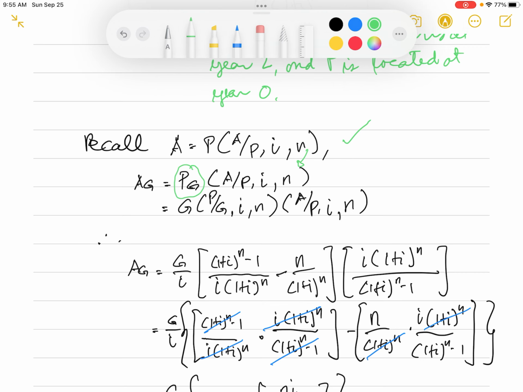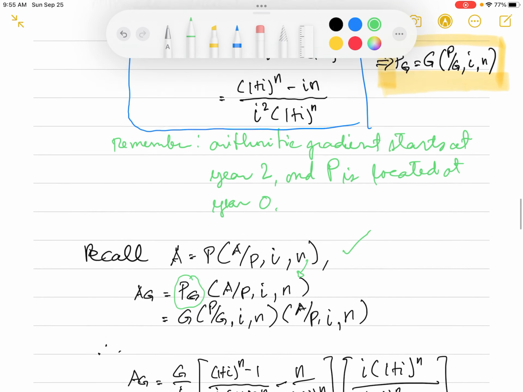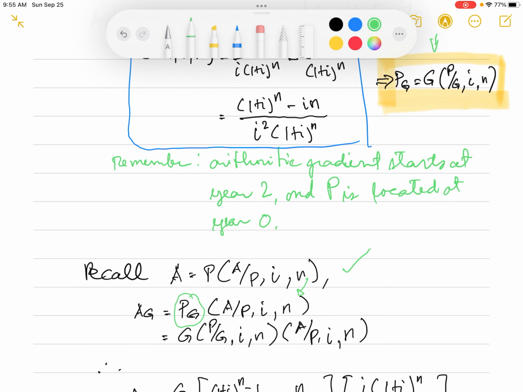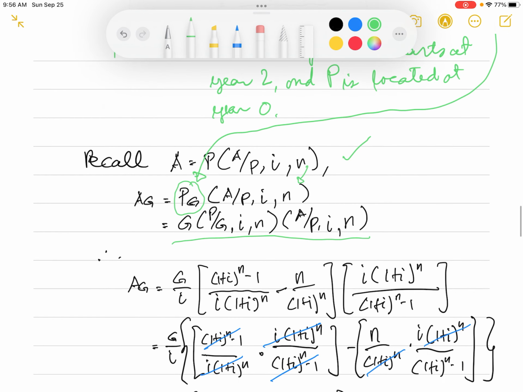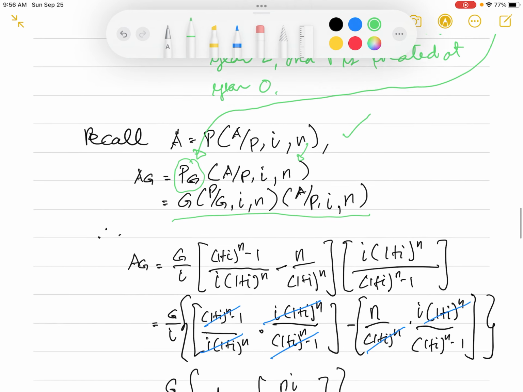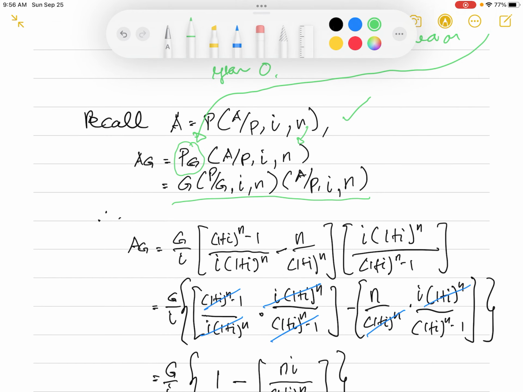Substituting your formula here, you end up with this one. So just substituting the formulas for the factors and simplifying them, try to do the simplification.